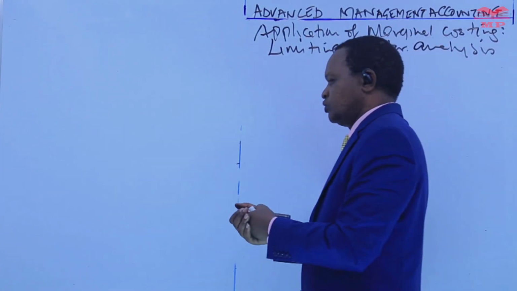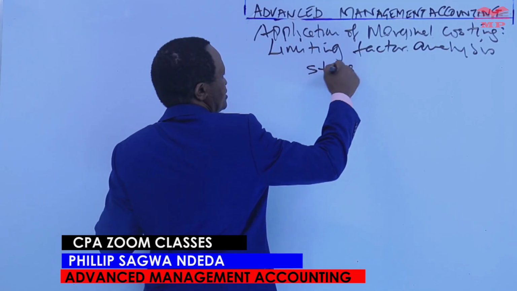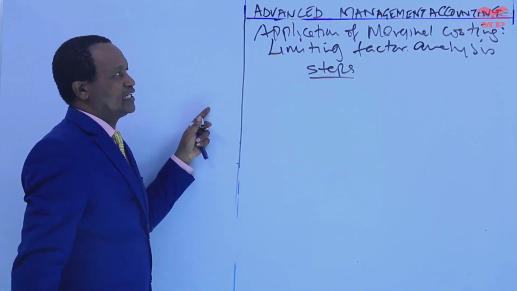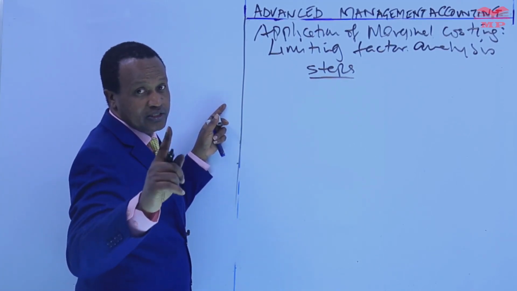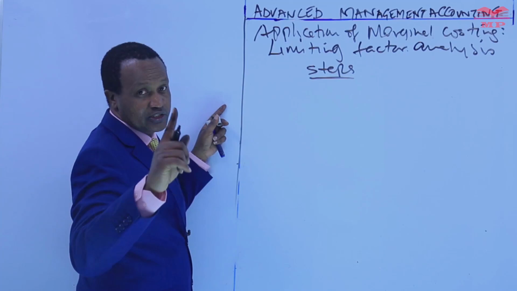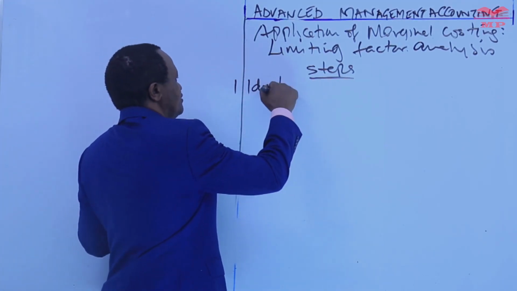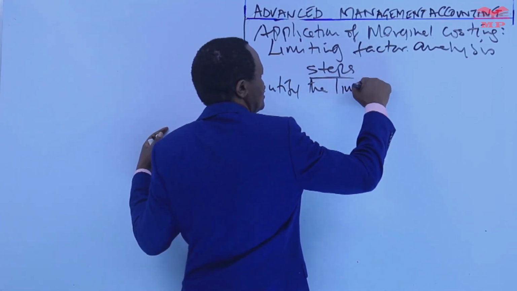So, what are the steps? Let me outline the steps in limiting factor analysis using marginal costing. Step number 1 is to identify the limiting factors.